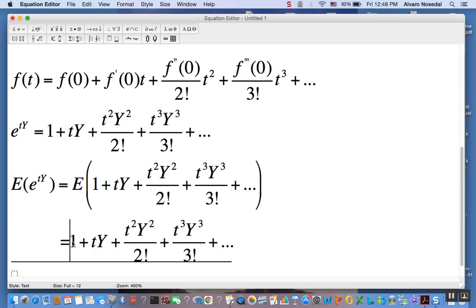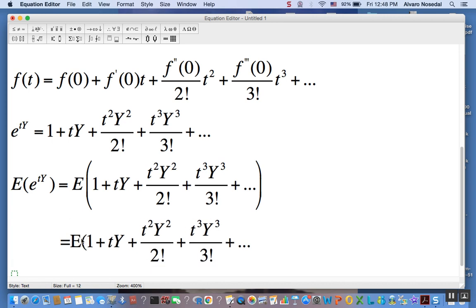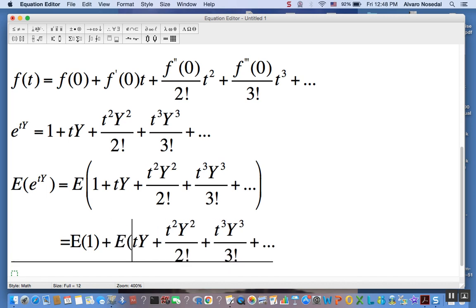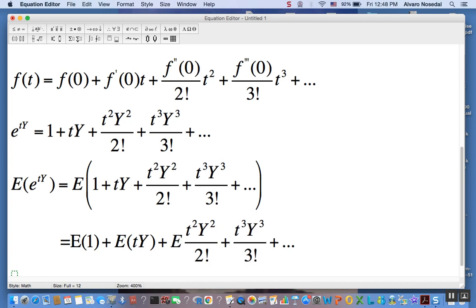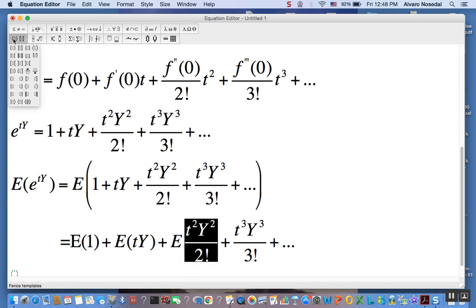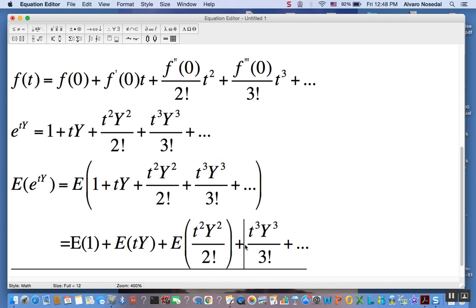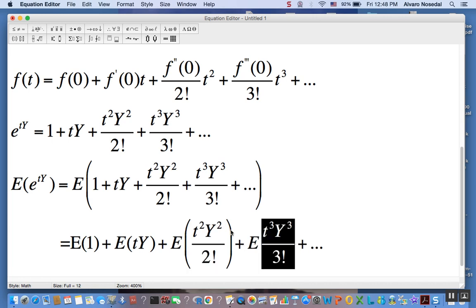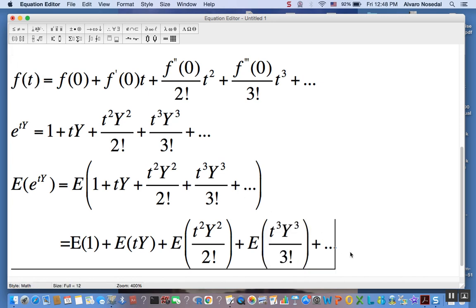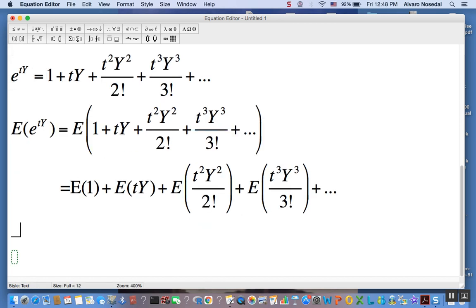Okay. Expected value of each of those terms, right? Expected value of a constant, the constant itself.